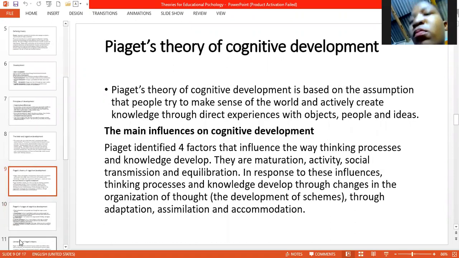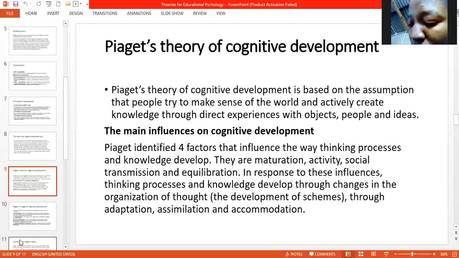So now we're moving on to Piaget's theory of cognitive development. I said we will do the theories of Piaget, Freud, and Erikson.